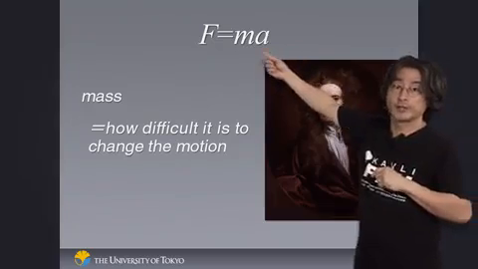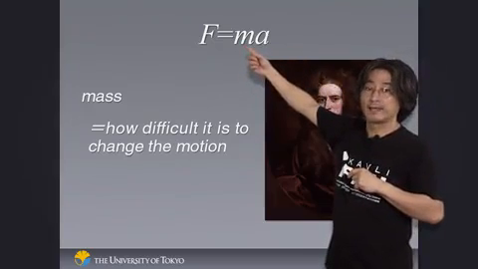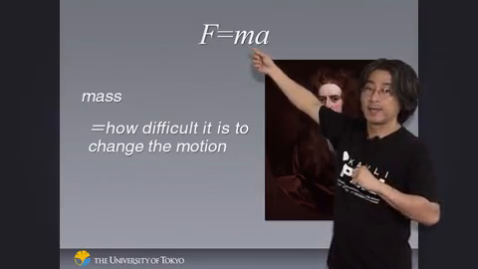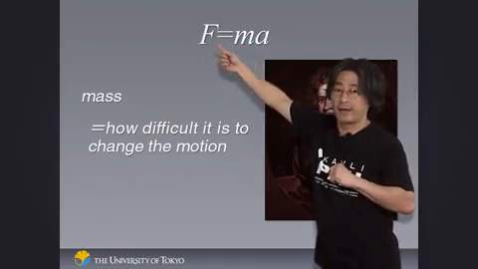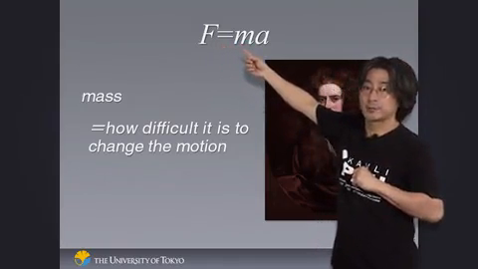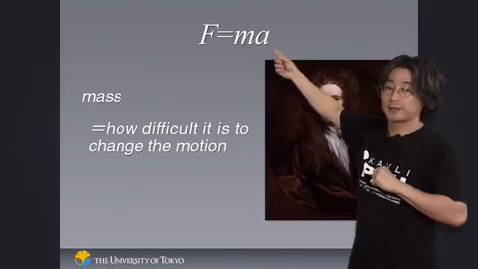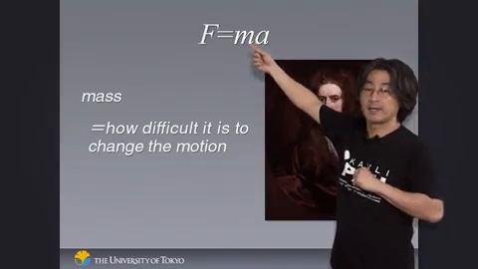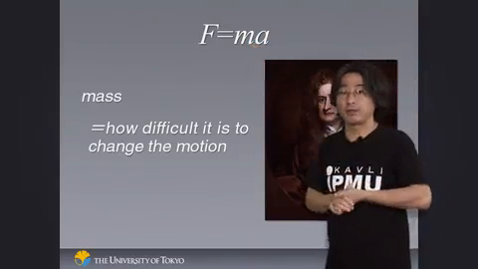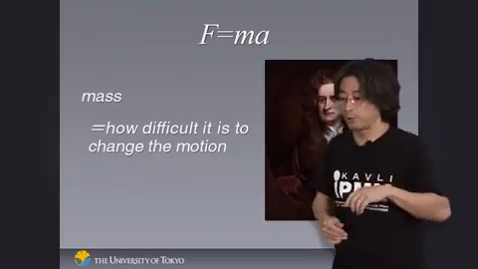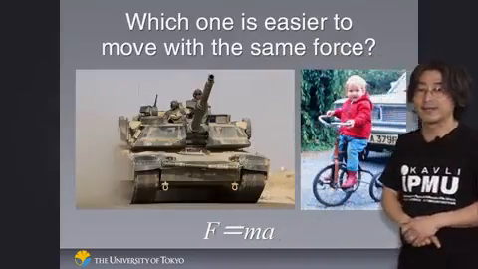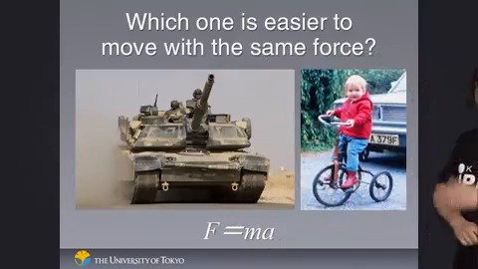In this equation, m stands for mass, and this idea is called inertial mass, namely that if you are given a force, and the mass is bigger, you get less acceleration. A stands for acceleration, and the mass is a measure of how difficult it is to change the motion of an object. And that, I think, is plainly clear just by comparing these two objects.